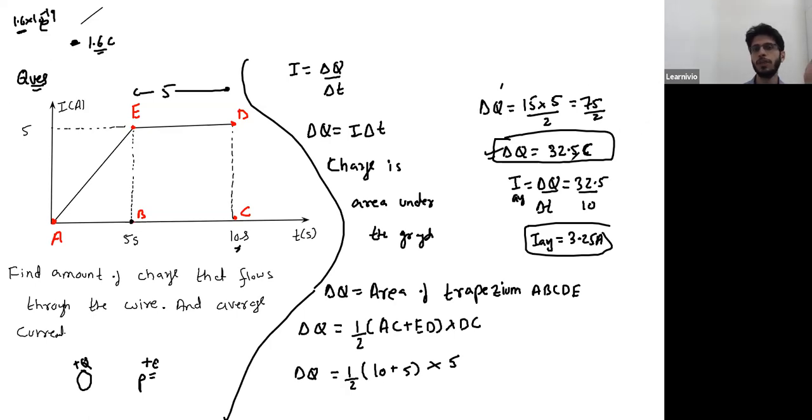Means on dividing this with e, you should get a whole number. But when we deal with macroscopic charges, like this 32.5 coulomb, then you will simply ignore quantization. Okay, sir.